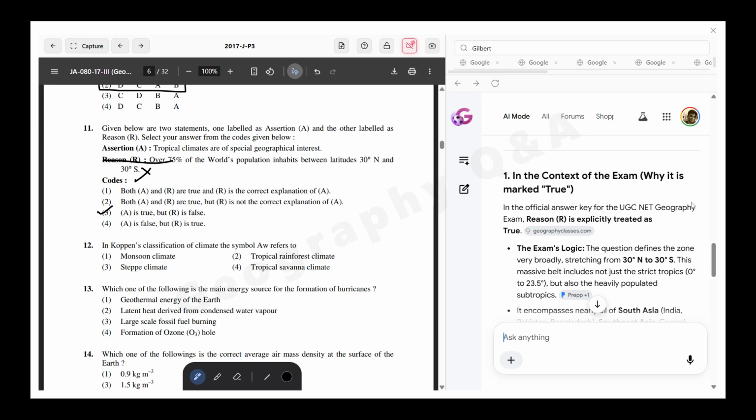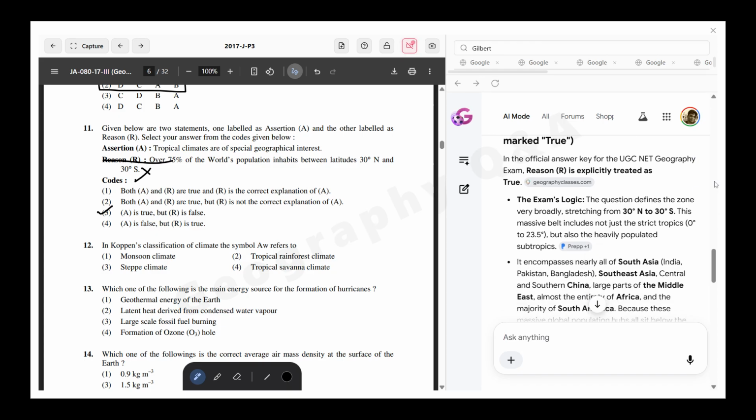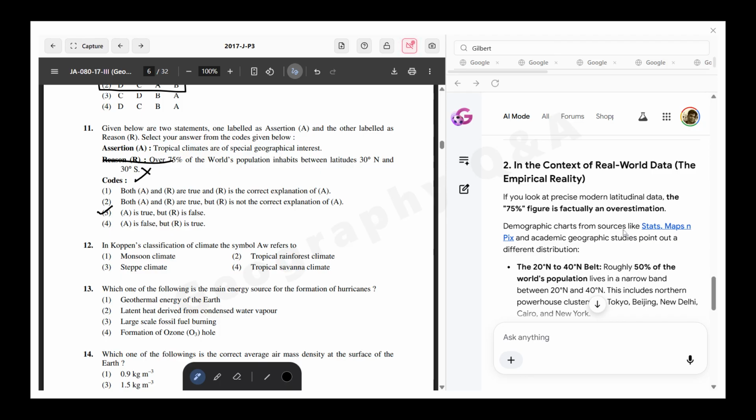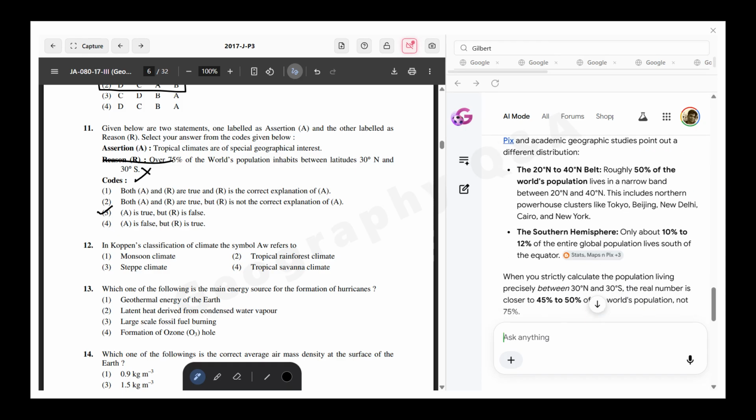But in the context of real world assessment and demographic charts, between 20 degrees north to 40 degrees north, roughly 50% of the population lives in that narrow band.